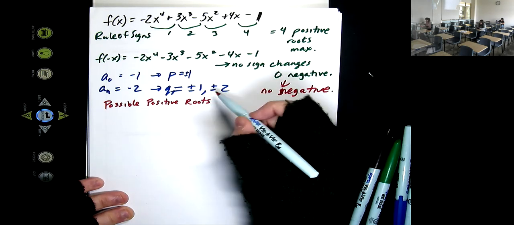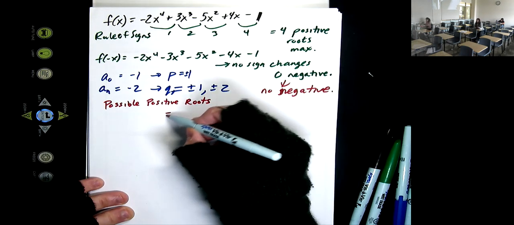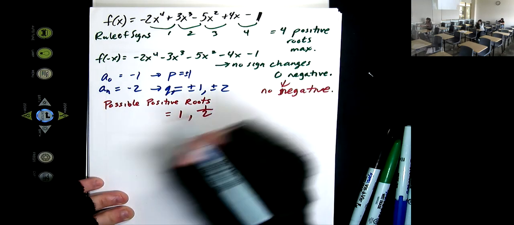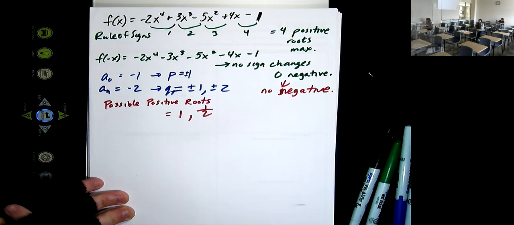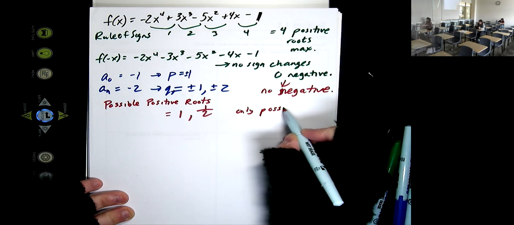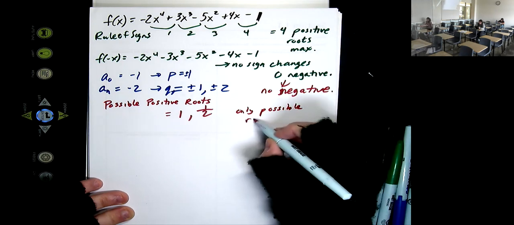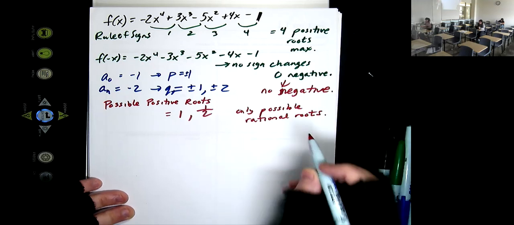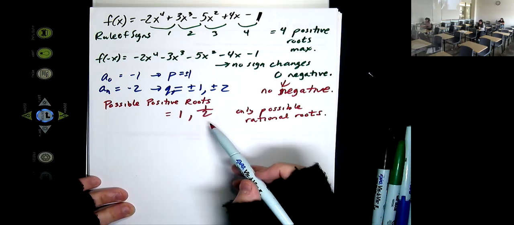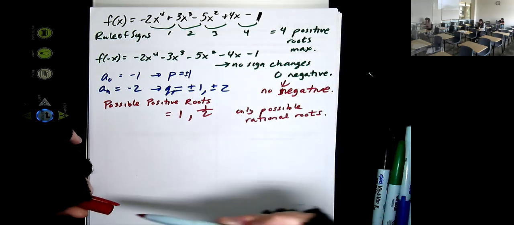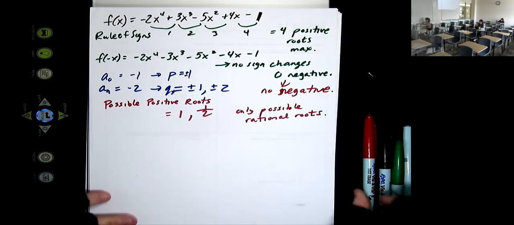My P over Q equals 1 or 2 or 1/2. Only possible rational roots. Well, that's funny. I counted them, there's 2 here. It says there's 4 positive possible. Let's go through and find out what happens if we do it.